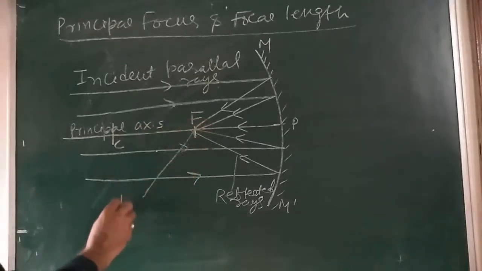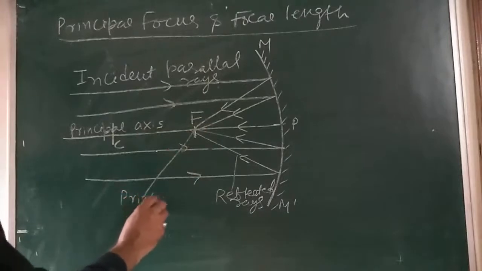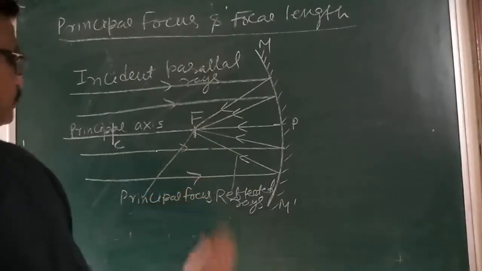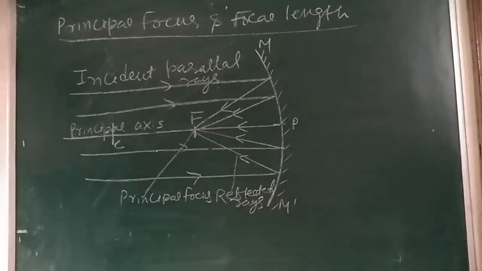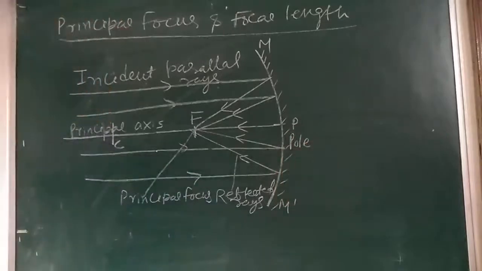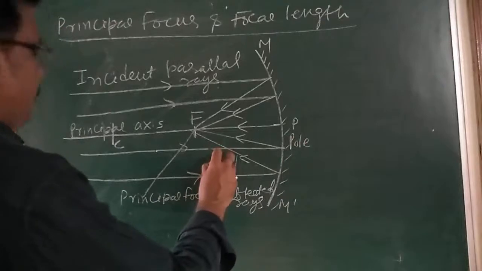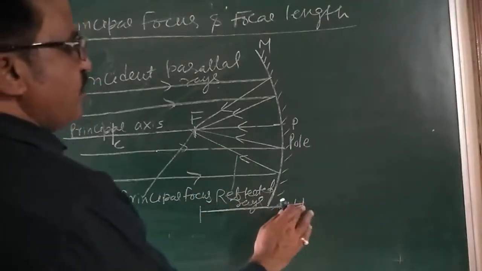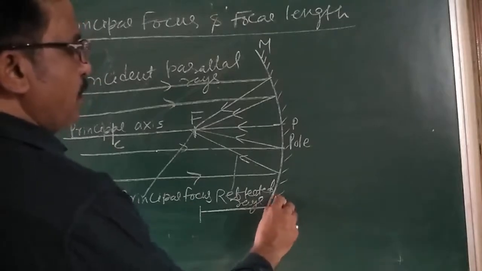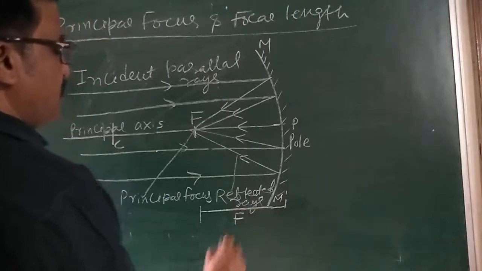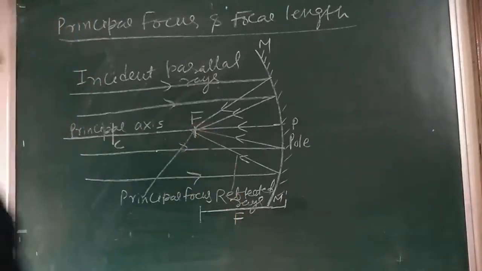This point is called principal focus. This is a point called pole. The distance from the pole to the focus is called focal length.